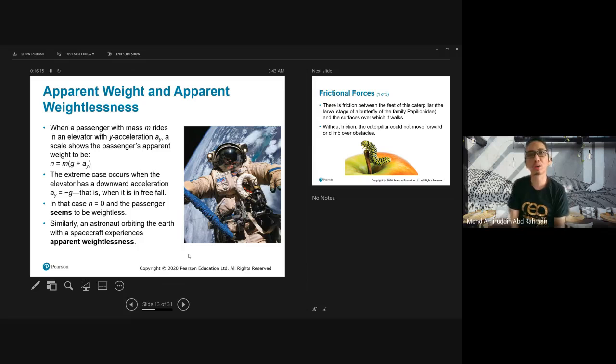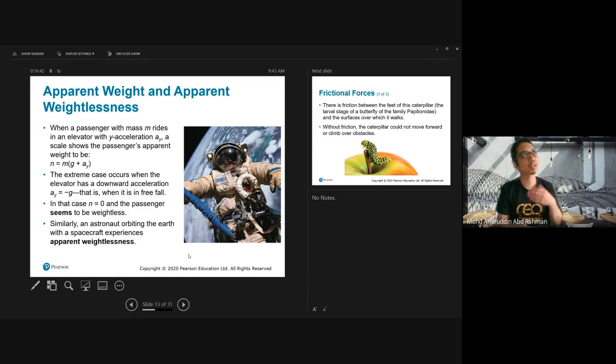I don't know whether you have this experience or not. If you want to try that, try to jump a little bit, but make sure that the ground is soft to avoid injury to your body.